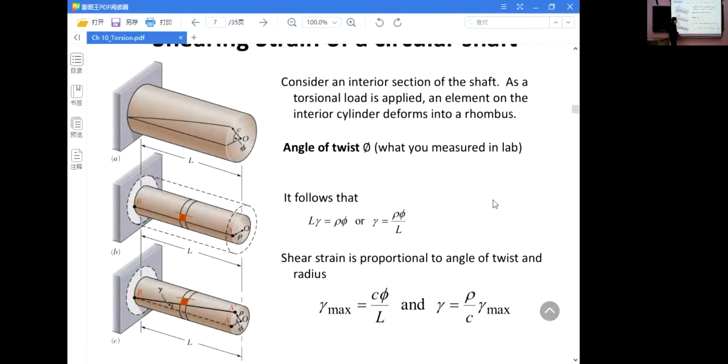So L times gamma is rho phi. This angle gamma is the shear strain.